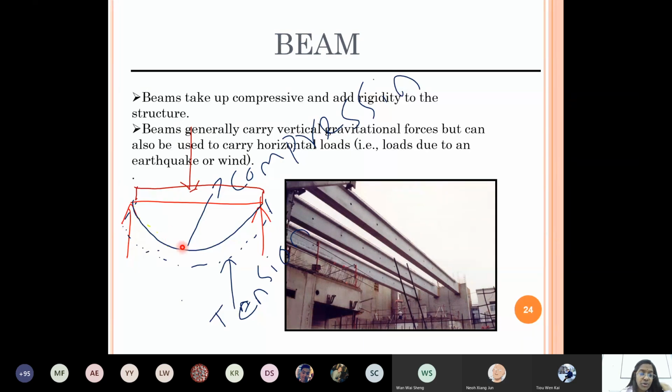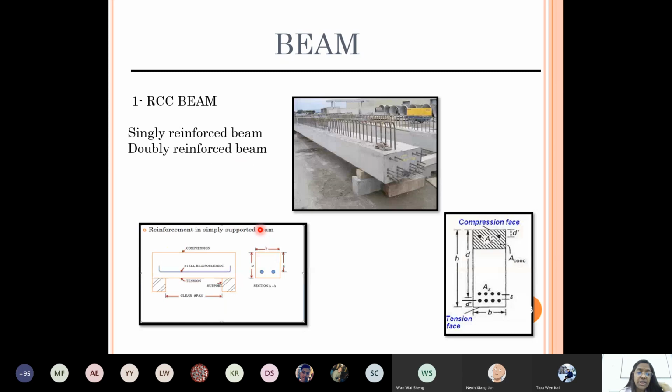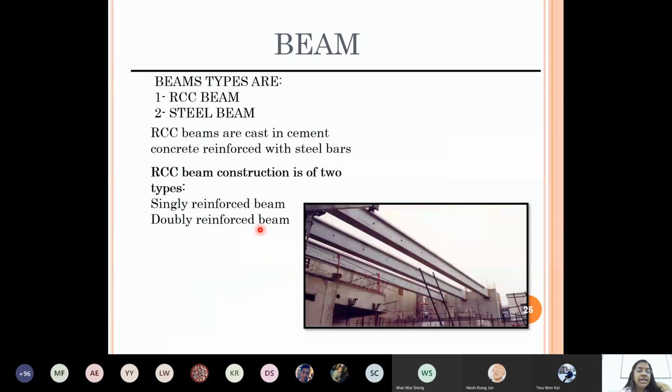Doubly reinforced means if you want to design the member to take compression, put reinforcement at the top and also bottom. If the member is supposed to take only tension, put the reinforcement only at the bottom. You will study all these things later on, but for now understand whether it is singly reinforced or doubly reinforced. It's only a matter of whether it's put in both directions or only one direction.